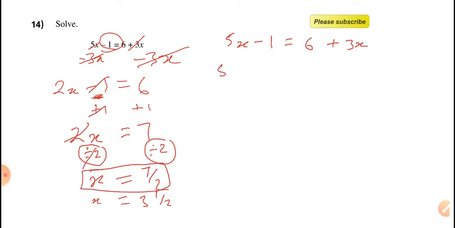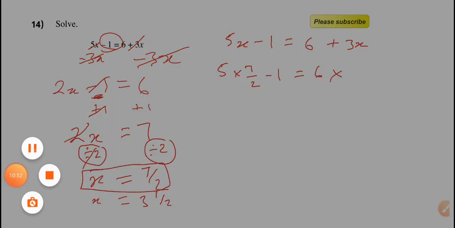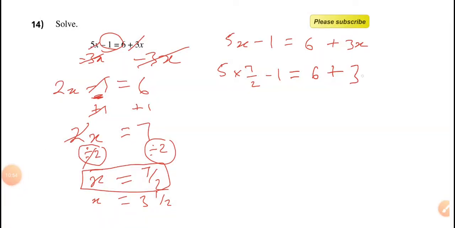So we write 5 times 7 over 2, take away 1, is equal to 6 add 3 times x. Instead of x, we want to write 3 times 7 over 2. Copy the equal sign. So on the left hand side, that's the same as saying 5 over 1 times 7 over 2, take away 1, which is 6, add 3 over 1 times 7 over 2.